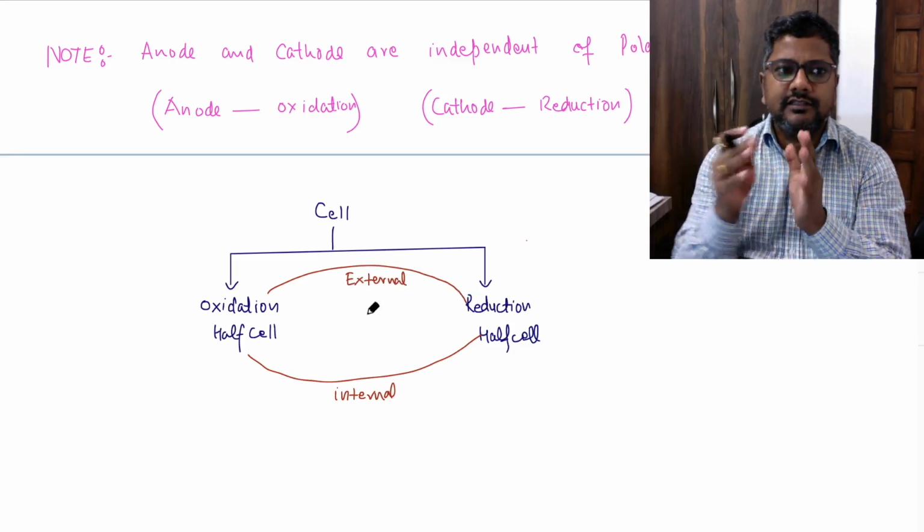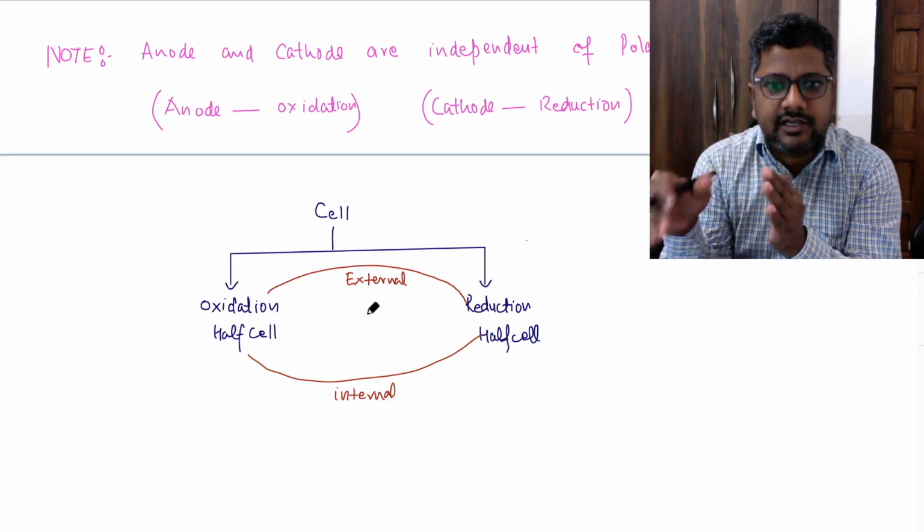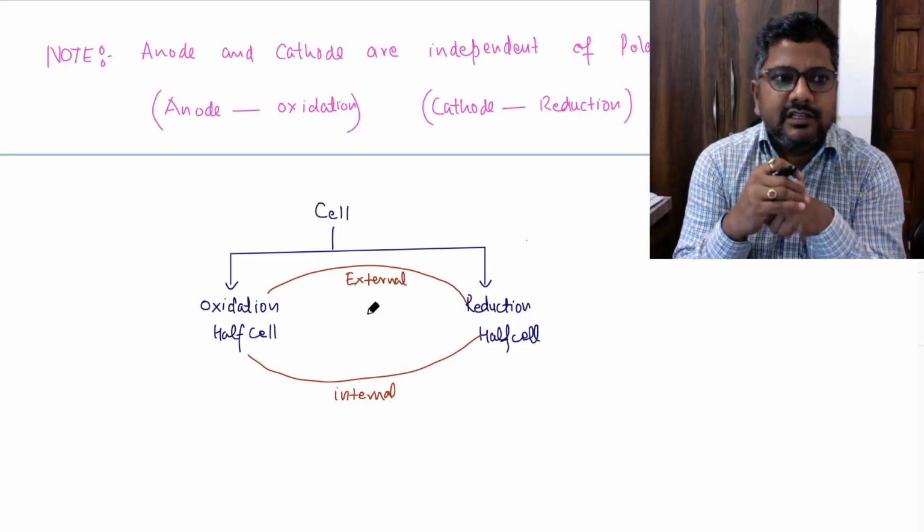If you connect these two half cells, internal and external, so that the circuit is complete, then the whole arrangement is called a cell.